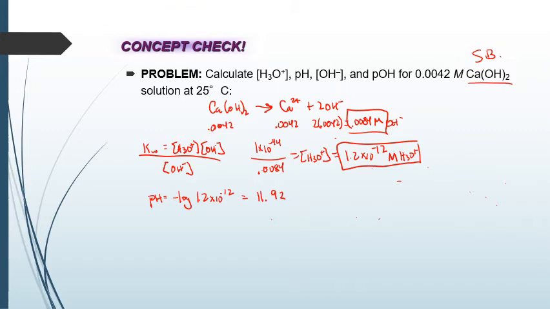Again, two significant figures. And the pOH, I could do either as 14 minus the 11.92, or I could take the negative log of 0.0084. In either case, I end up with 2.08. So that is it for this particular problem.